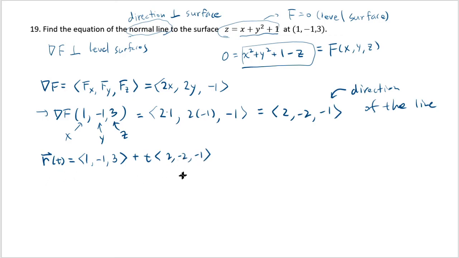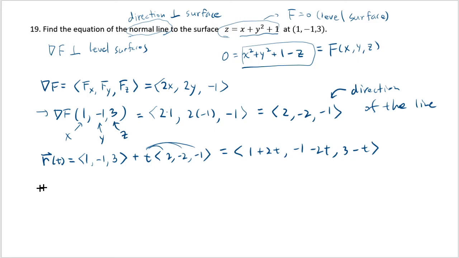You can write your answer like this as a vector valued function, or you can multiply by t and rewrite it as (1 + 2t, -1 - 2t, 3 - t).